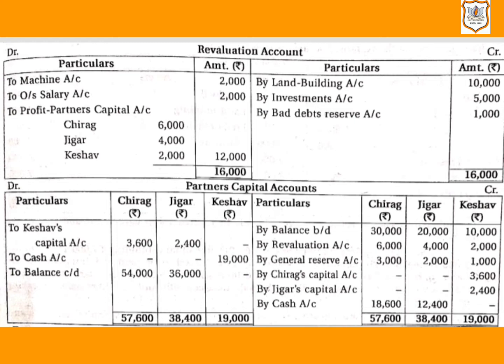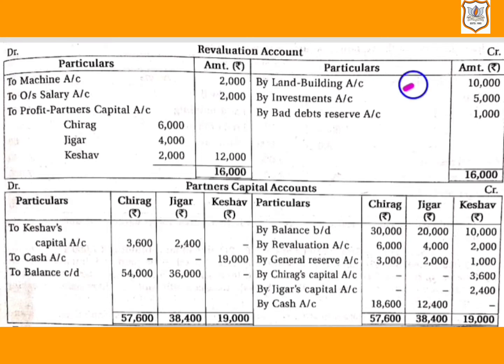Here in the first point it is given that value of land and building is to be increased by 20%. Here 20% of 50,000 is 10,000. 50,000 is the value of land and building which is shown in their old balance sheet. So as here value of asset is increasing, we will record it on credit side of revaluation account.